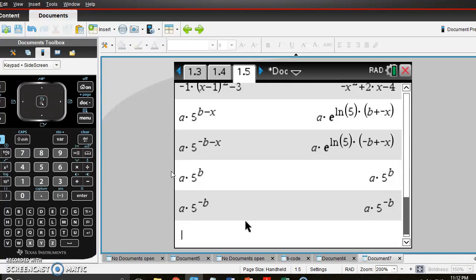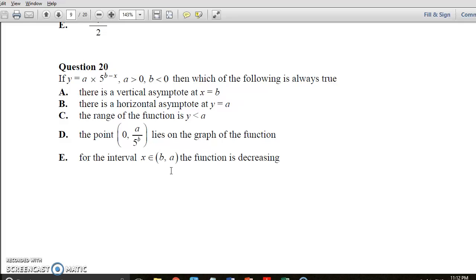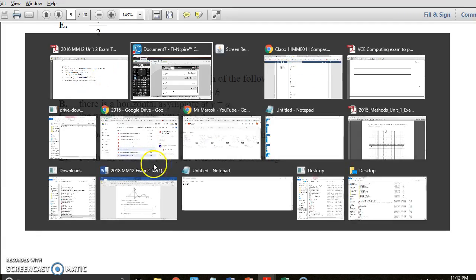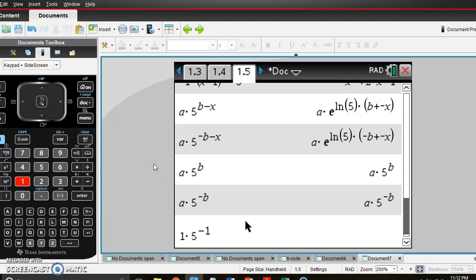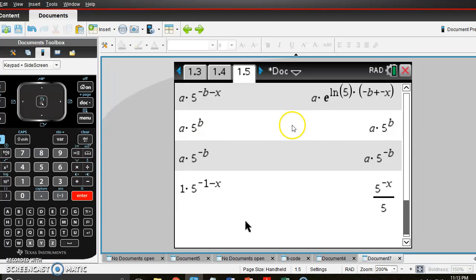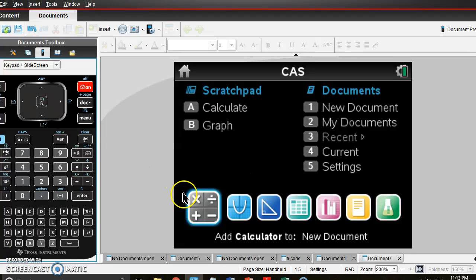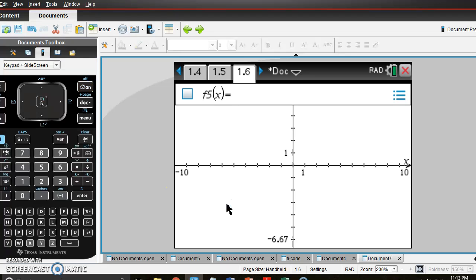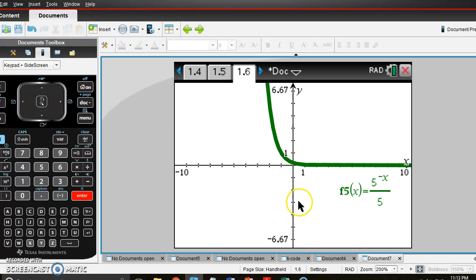A is a positive number, so we can set that as being 1 times 5 to the power of b minus x. b is a negative number, so we can try negative 1 minus x. So we can try to graph that. I'm going to copy that, Control C, and go to a new graph. Control V. I'm graphing that, so that's what we end up with there.